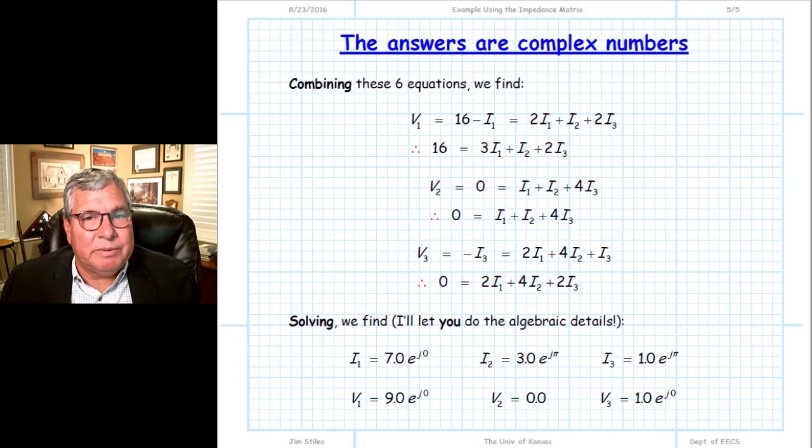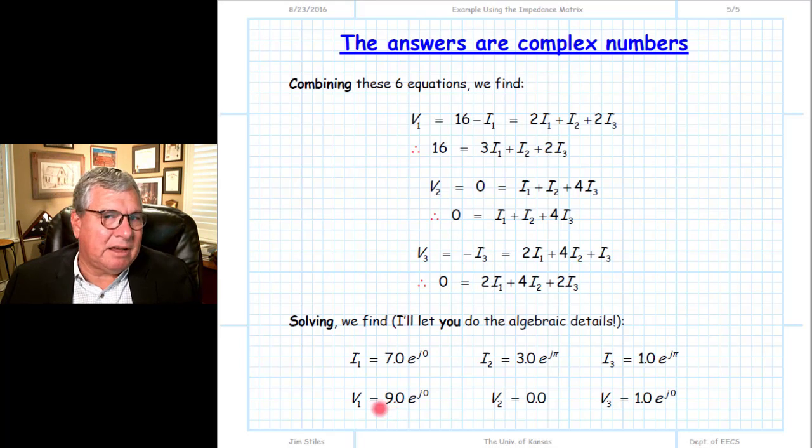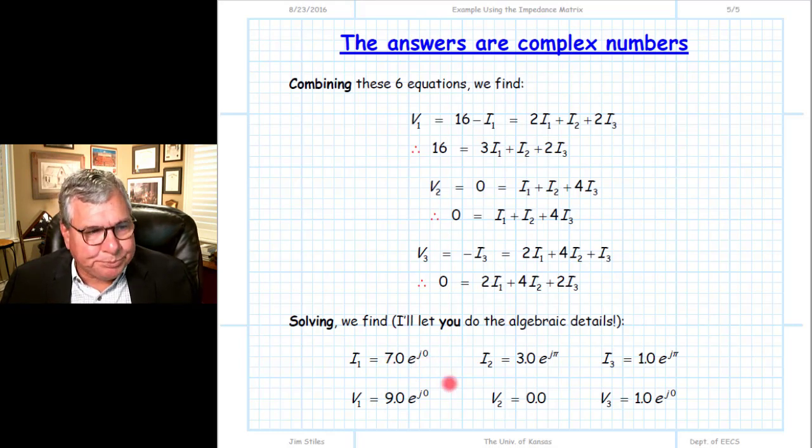And so we get our solutions and we find, for example, I1. We could say I1 is equal to 7, and that would be correct. However, that implies to some students that this is maybe a DC value, but it's not. It's a complex value of 7, a number that has a magnitude of 7 and a phase of 0.